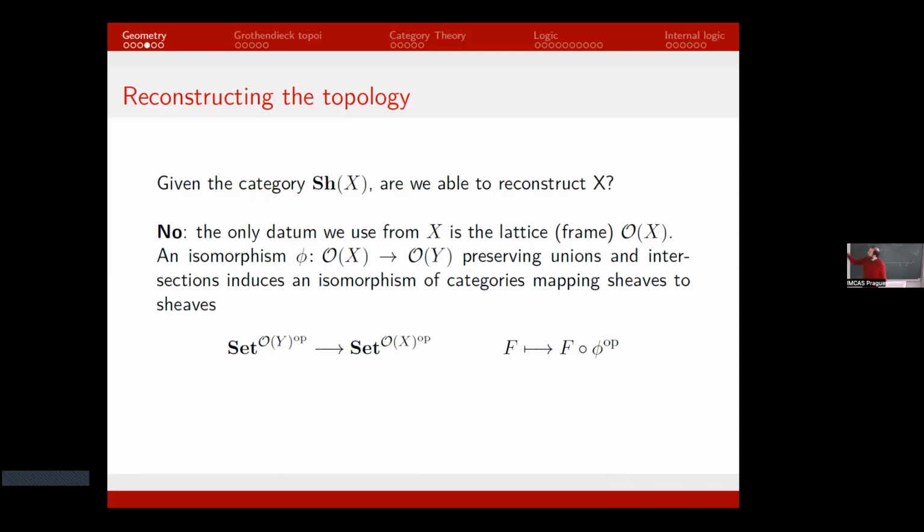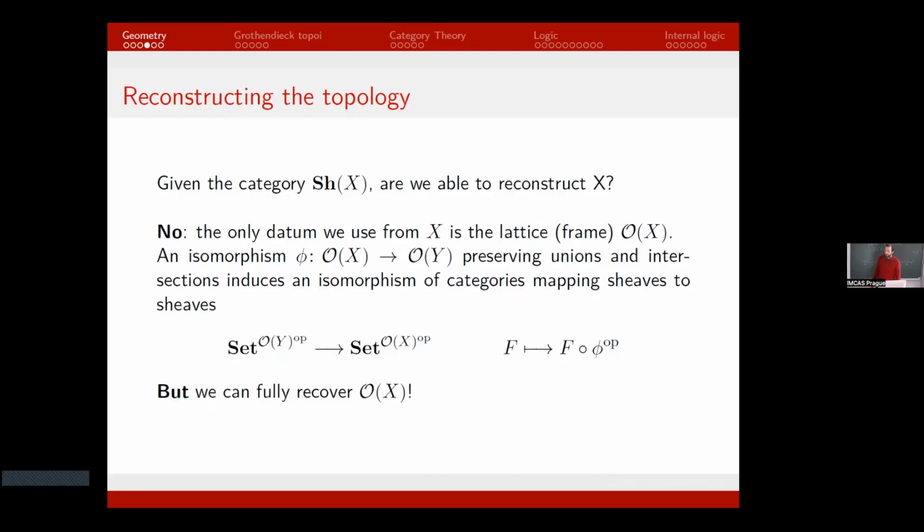Instances of two such spaces could be the point and any other space with more than one point that has only the total open and the empty open. These are two examples of isomorphic lattices of opens that do not come from isomorphic spaces.